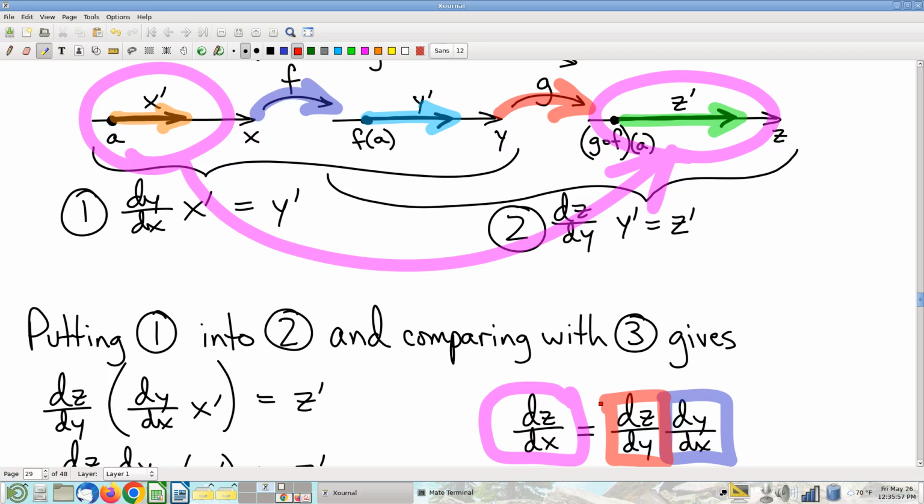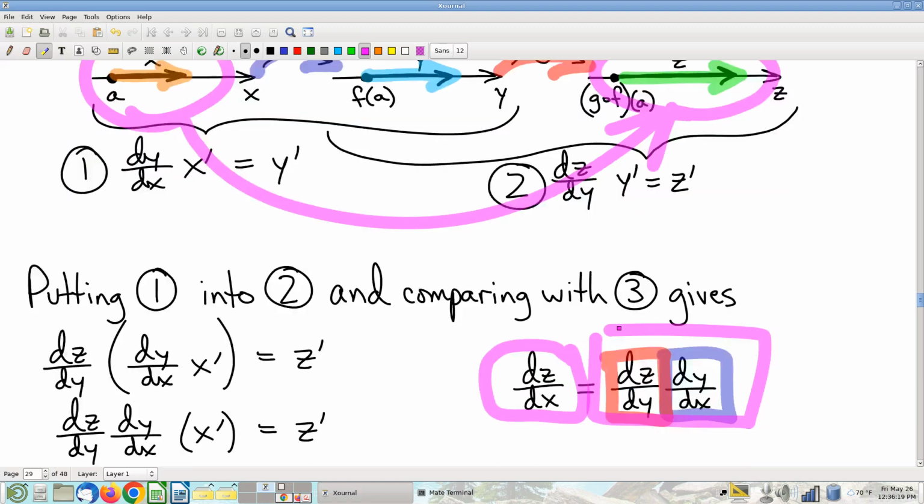It's a two-step process. Each one of these steps along the way, you multiply by a factor. And so if you multiply by a factor and then subsequently multiply by another factor, altogether you have multiplied by the product of those two factors. That's a pretty innocent observation if you think about it.